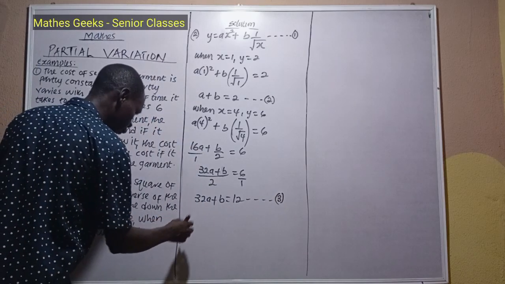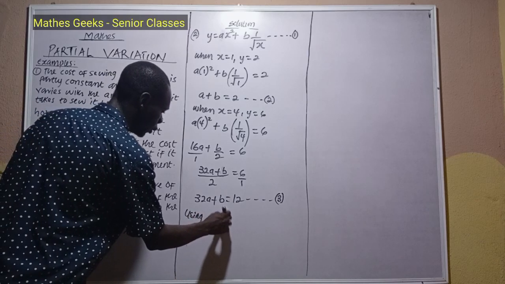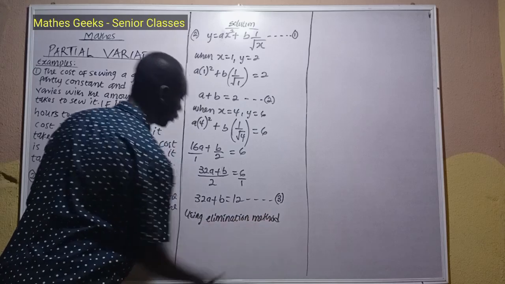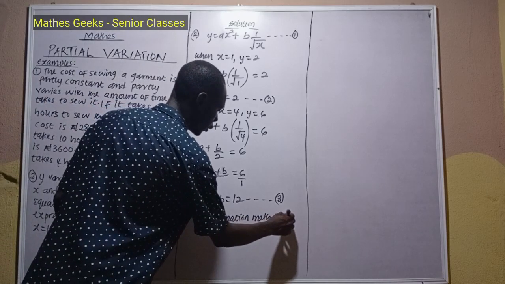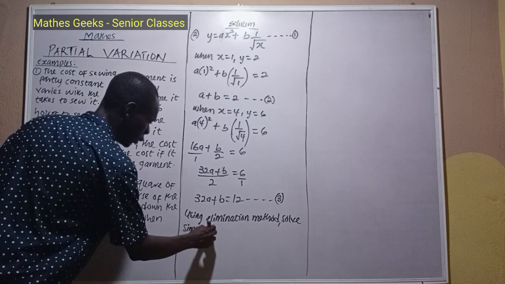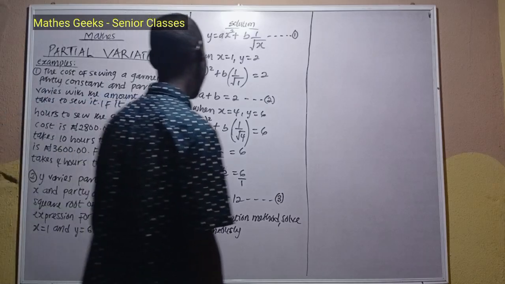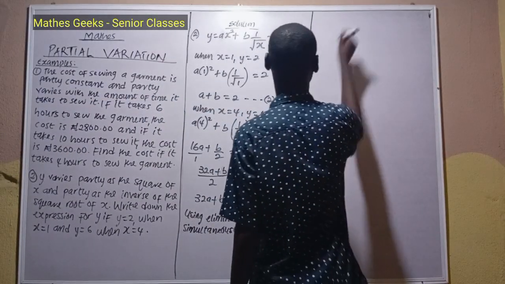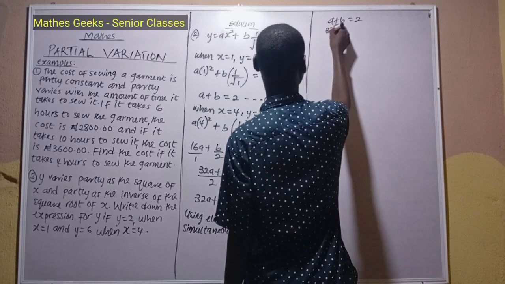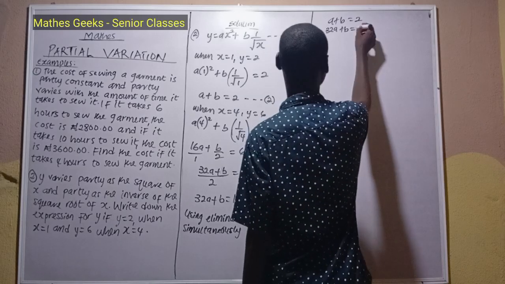So now we need to solve simultaneously using the elimination method. So we'll come over here and say a plus b is equal to 2, and 32a plus b is equal to 12.